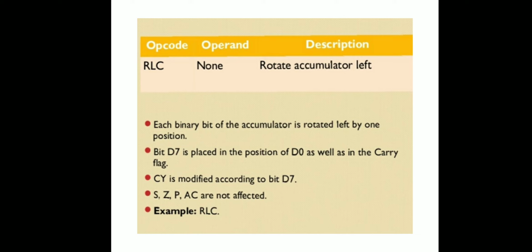Each binary bit of the accumulator is rotated left by 1 position. Bit D7 is placed in the position of D0 as well as the carry flag. The carry flag is modified according to the bit D7, and the other flags are unchanged.